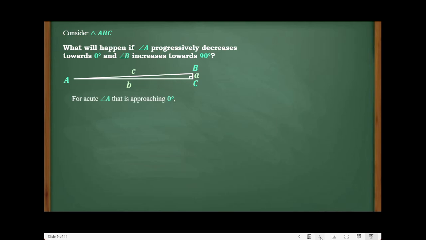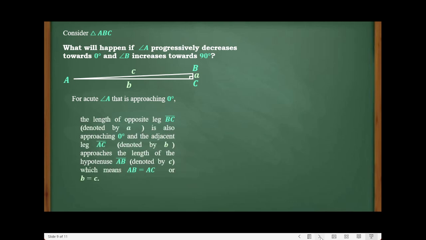For acute angle A that is approaching 0, this is what happened. The length of the opposite leg is also approaching 0. Okay, not necessarily 0 degrees. Okay, let me correct this. Again, for acute angle A that is approaching 0, the length of the opposite leg approaches 0.